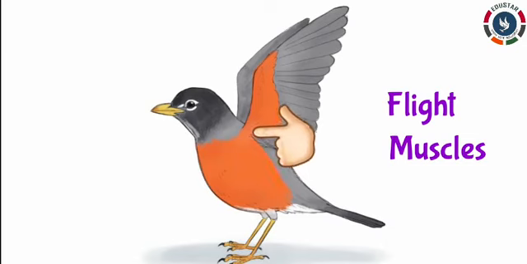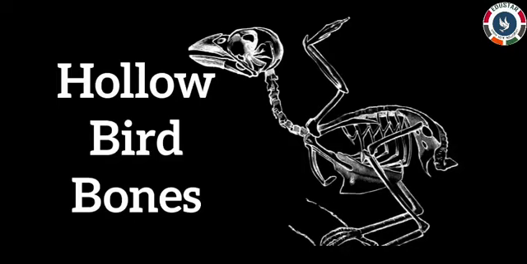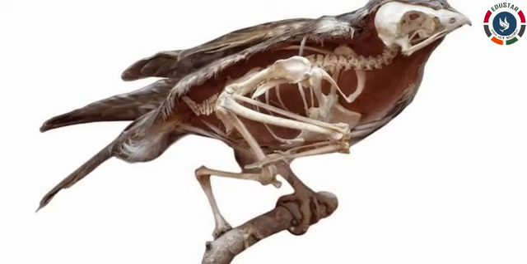These muscles help the bird move its wings easily. The bones of birds are hollow and filled with air. This makes the body of the bird light and makes it easier for them to fly.